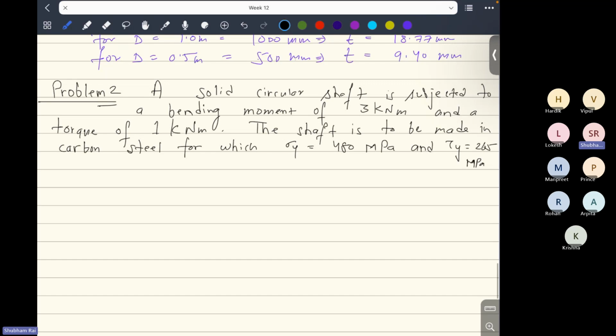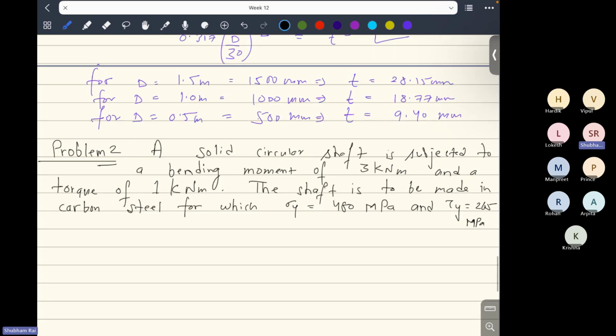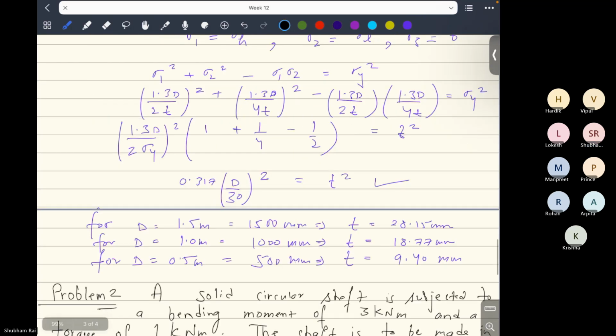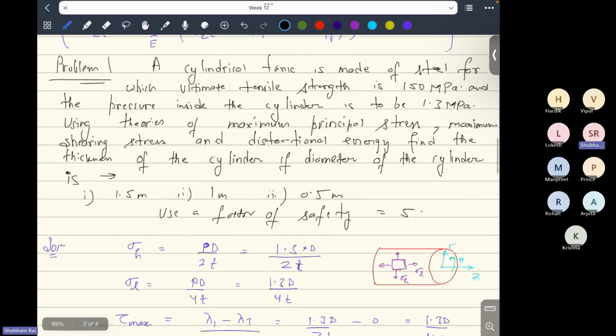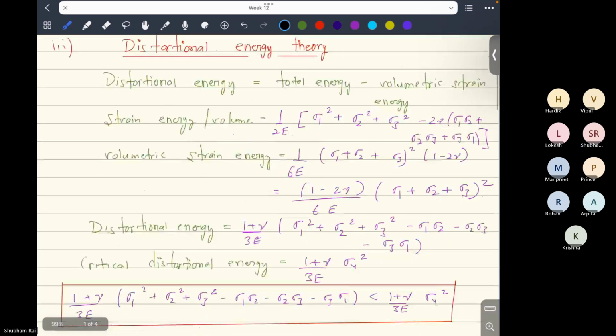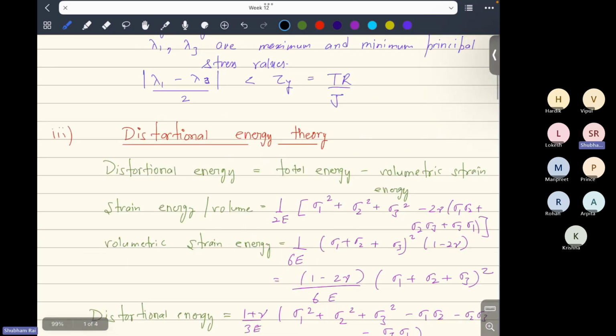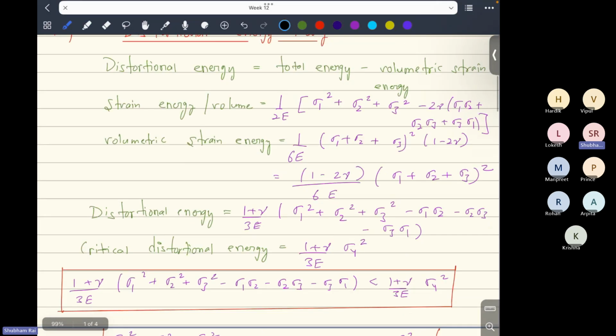So if you apply distortion energy theory, let's see here. So maximum distortion energy is this one.